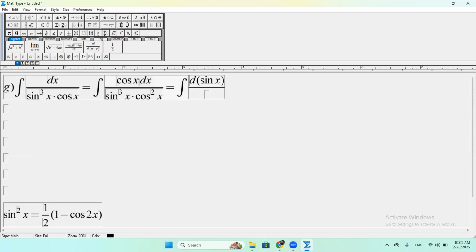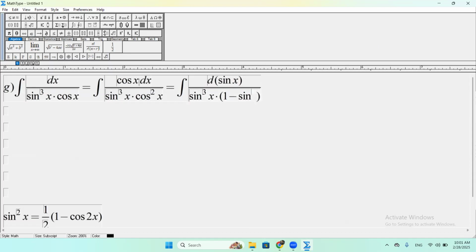So here in the denominator we have sine cube x multiplied by 1 minus sine square x. So everything that we need we have.